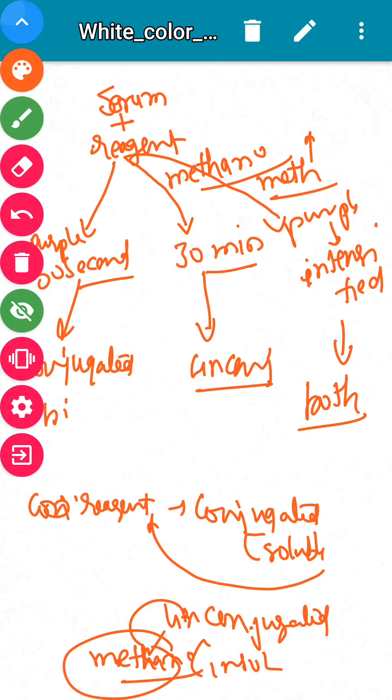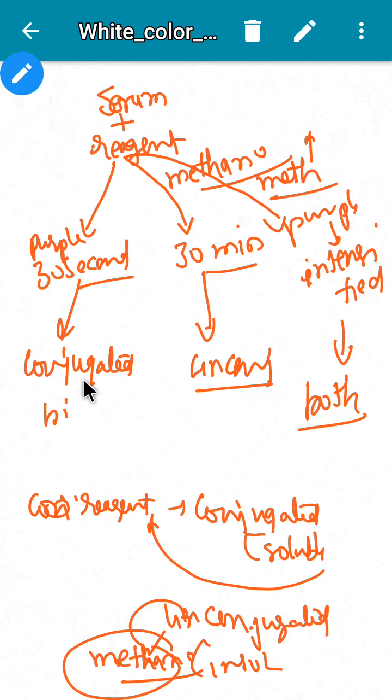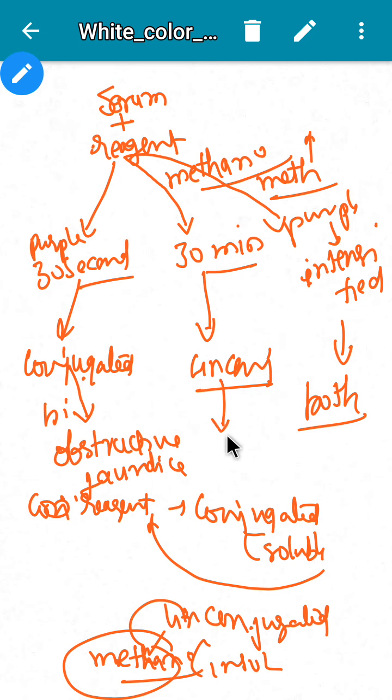As all of us know, conjugated bilirubin is increased in obstructive jaundice. Unconjugated bilirubin is increased in hemolytic anemias or hemolytic jaundice.